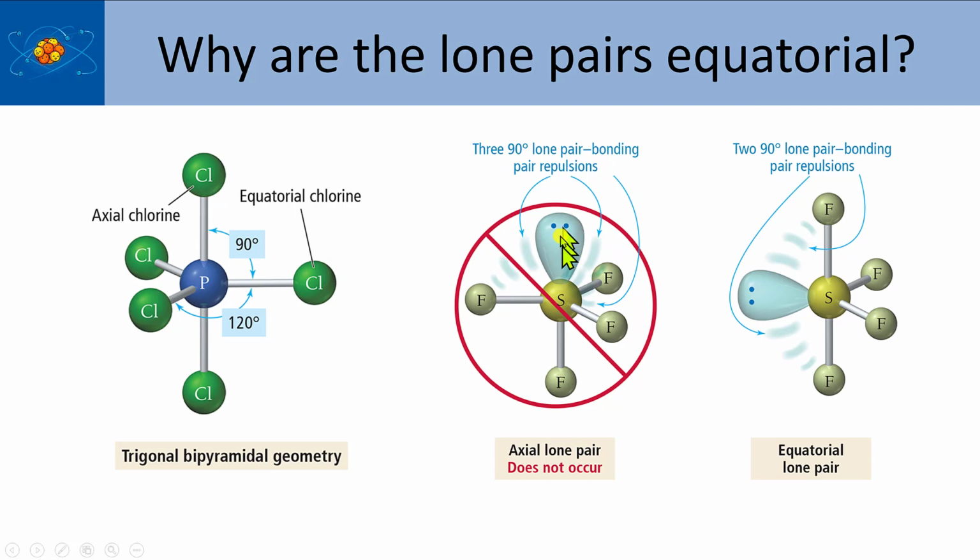When you have a lone pair, it interacts more strongly, or less favorably, it's more repulsive to a bonding pair. And when you have it in the axial position, it has interactions with 3 bonding pairs. If you put it in the equatorial position, it's further away from these bonds, and there's only two interactions at 90 degrees with bonding pairs.